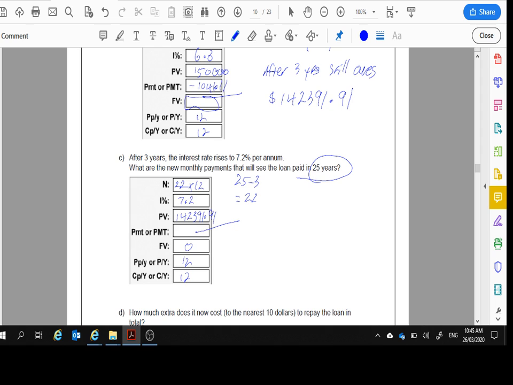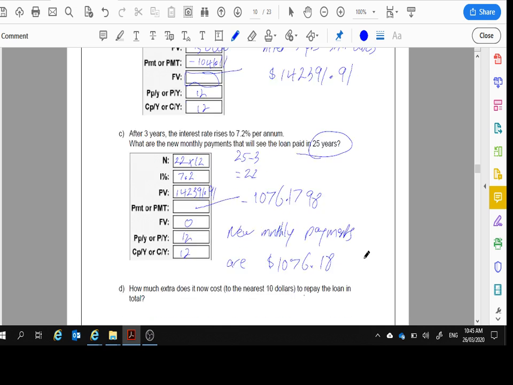When we work that out, we get 1076.1798, and again it's a negative, but don't worry about the negative. So the new monthly payments are 1076.18.